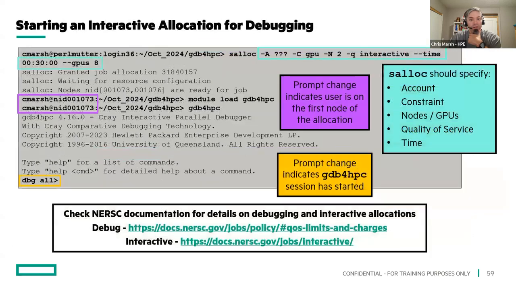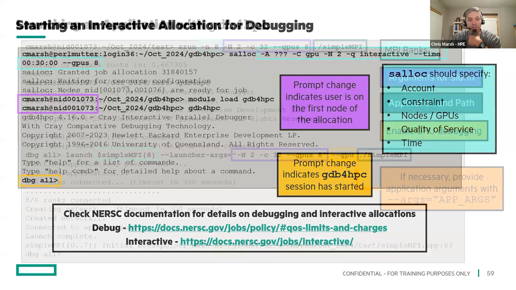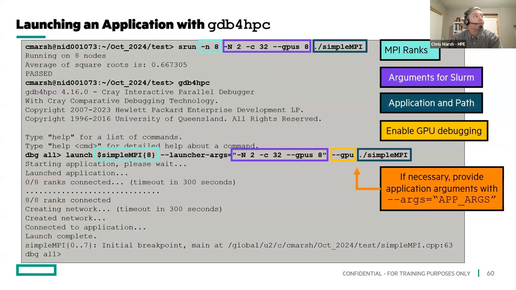Too many screens. On slide 60, why are we using Slurm arguments minus capital N 8 minus c32? I think that's a typo. It should be minus lowercase n 8.